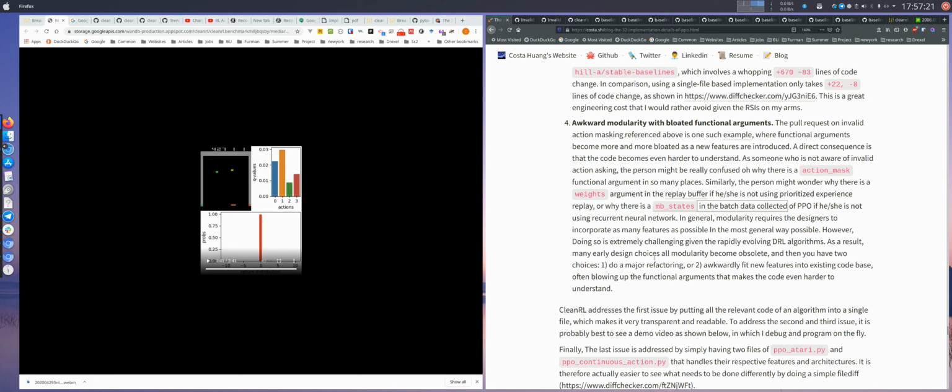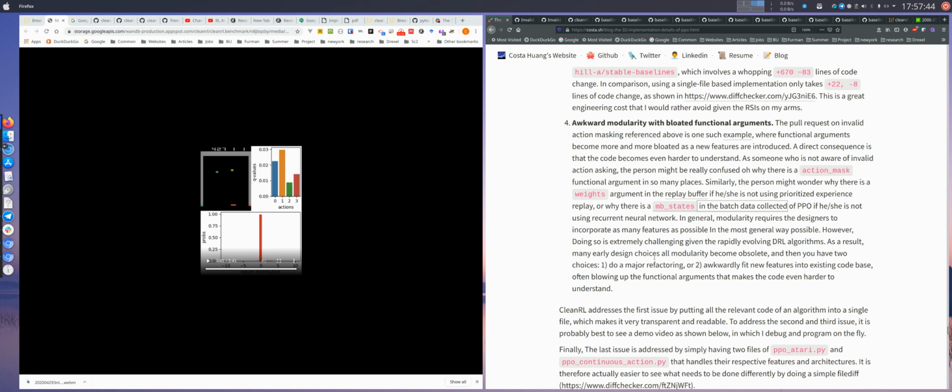But in general, I think it's very difficult to design good modularity with DRL algorithms, because the DRL algorithms are always evolving. It's very hard to design modularity that captures these rapidly changing structures. And when that happens, it's very easy for your early design choices to become obsolete.